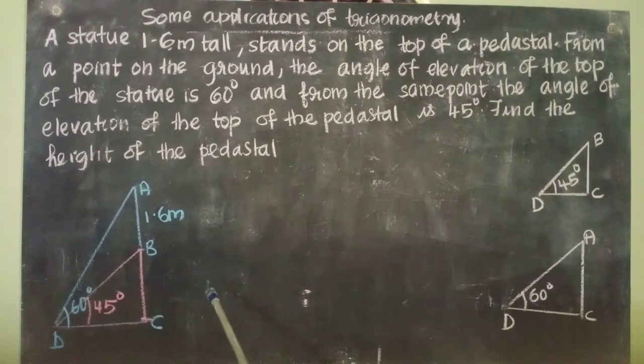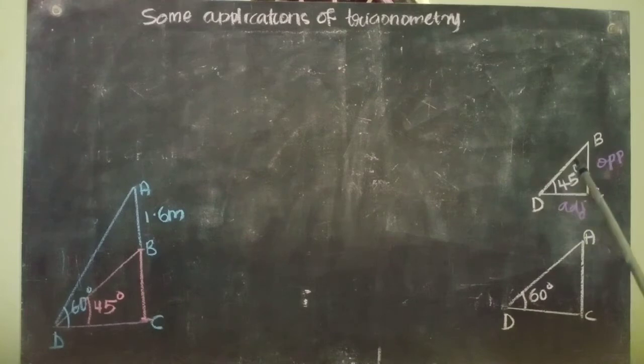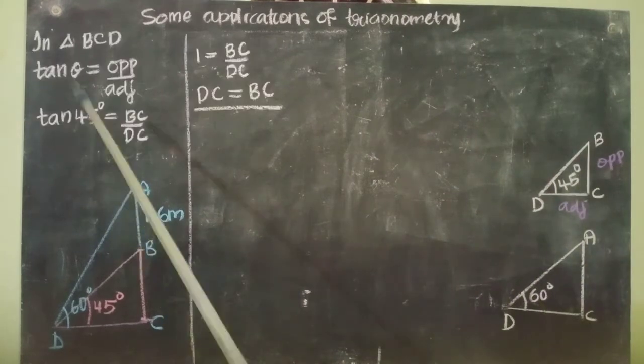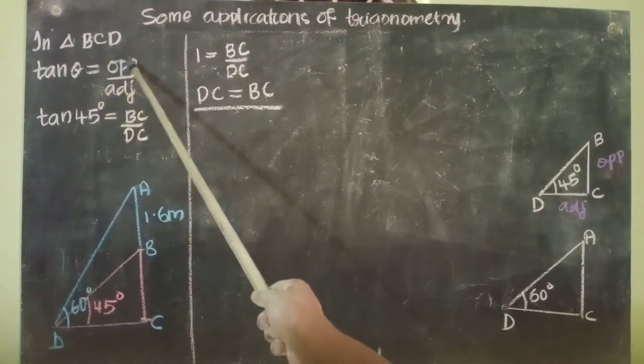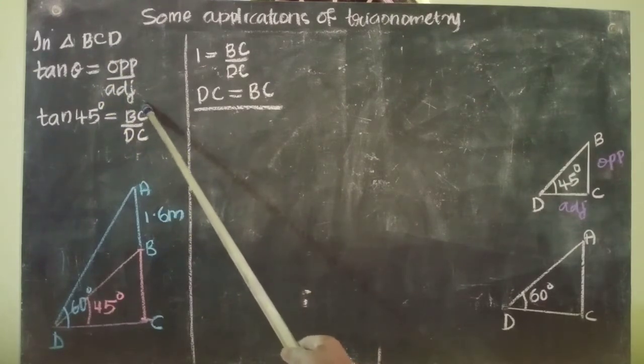Let us do the problem. Consider the first right triangle BCD with acute angle D with measurement 45 degree. For this acute angle D, BC is the opposite side and DC is the adjacent side. So, let us take the ratio. In triangle BCD, tan theta equal to opposite side by adjacent side.